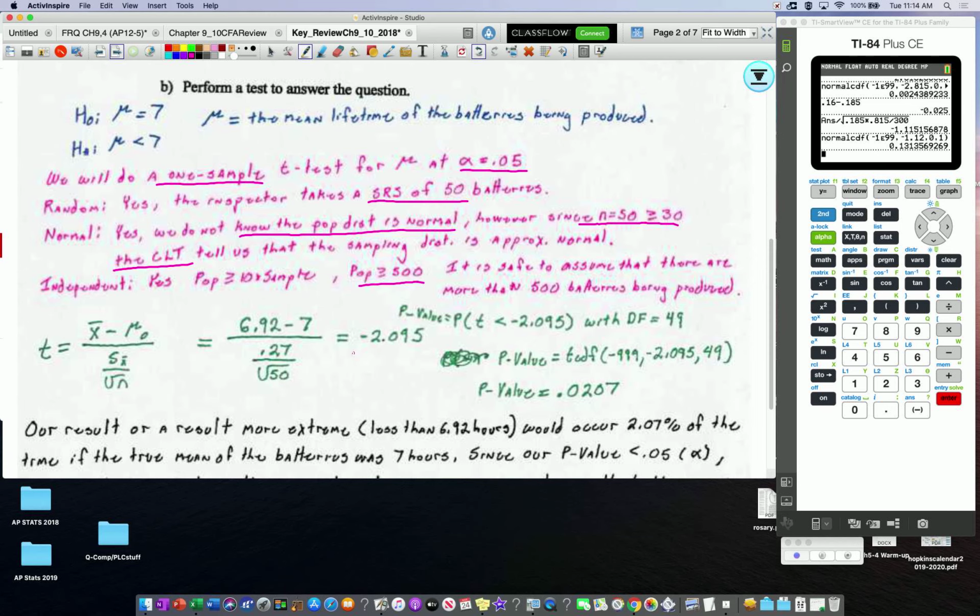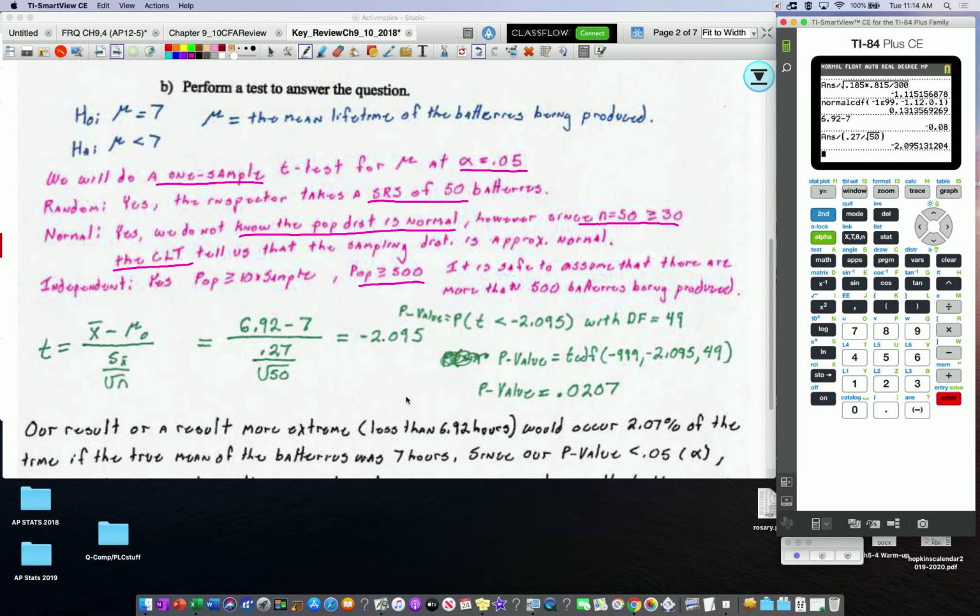So just to show you where this p-value is coming from, 6.92 minus 7, so we get negative 0.08, divided by, I have to put this in parentheses, otherwise you are going to get a completely different p-value.